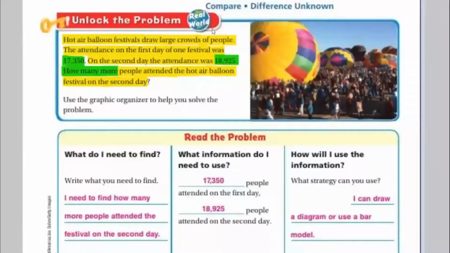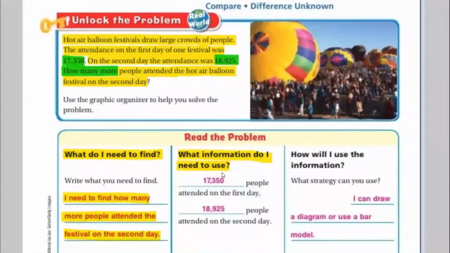First of all, you have to ask yourself three basic questions. The first question: what do I need to find? I need to find how many more people attended the festival on the second day. Next question: what information do I need to use?